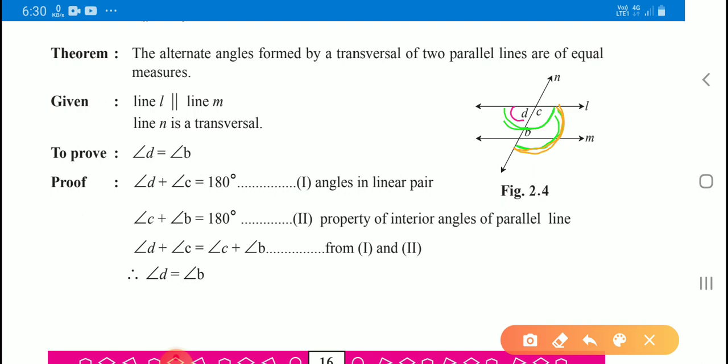So here you can say that angle C plus angle B is equal to 180 degrees. Now again, the right side of the equation is equal, so the left side will also be equal. So angle D plus angle C is equal to angle C plus angle B. Here, which angle is the same? Angle C. So it will cancel, and you will get angle D is equal to angle B. So we have proved that the alternate angles formed by a transversal of two parallel lines are of equal measure.